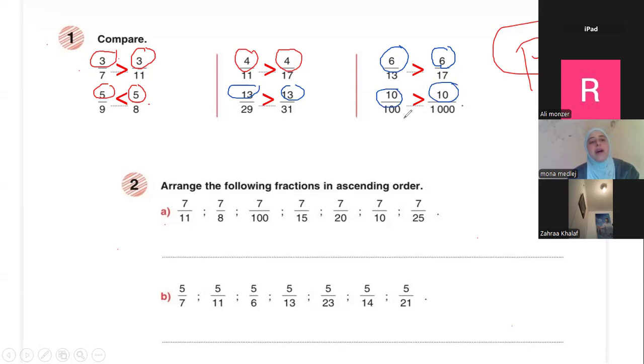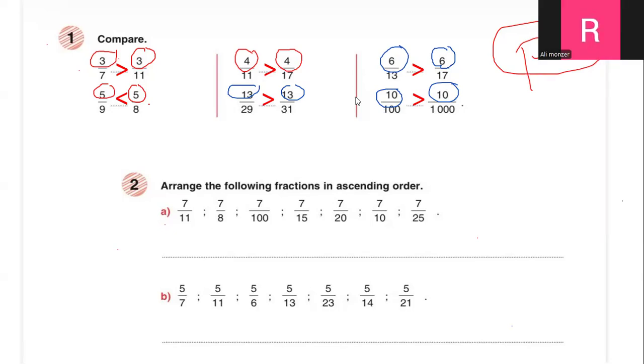So we go to compare the denominators. The bigger fraction has the smaller denominator. Because the piece will be what? Bigger. Okay, the piece will be bigger. If we divide by a small number, the piece will be bigger. Do you understand? Yes. 100 is less than 1000, so 10 over 100 will be bigger.